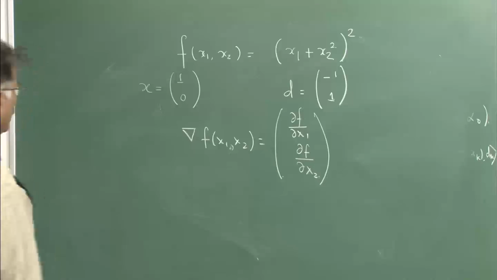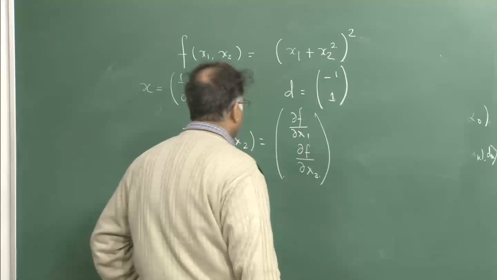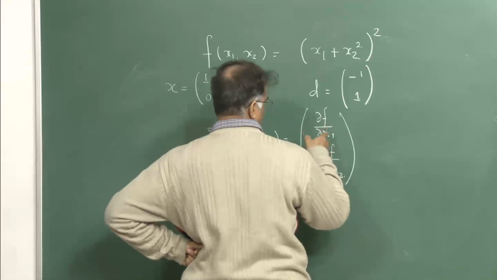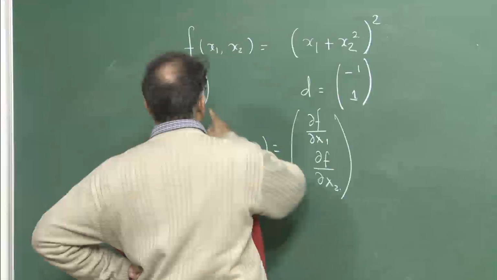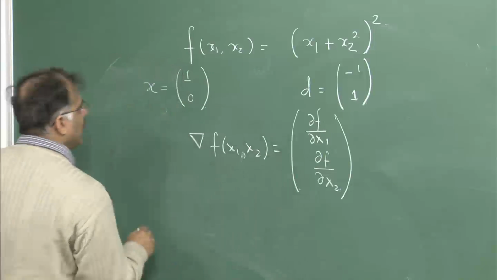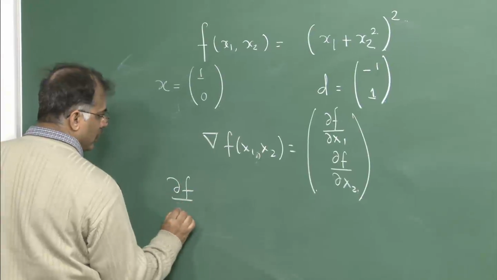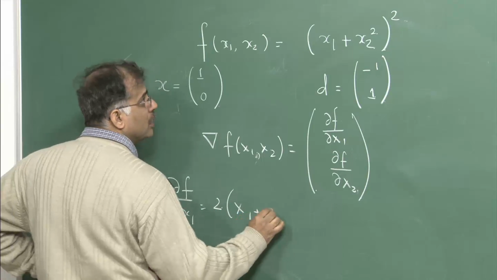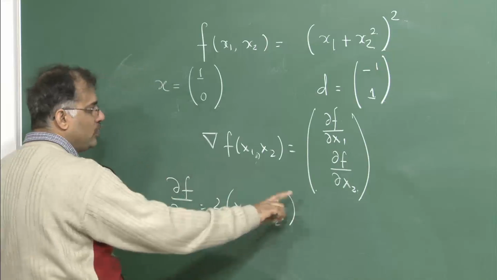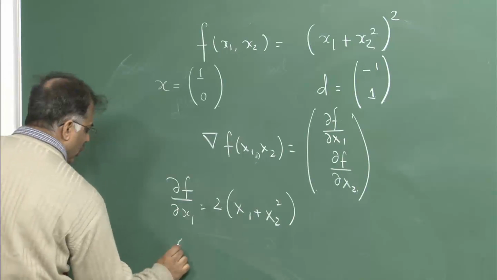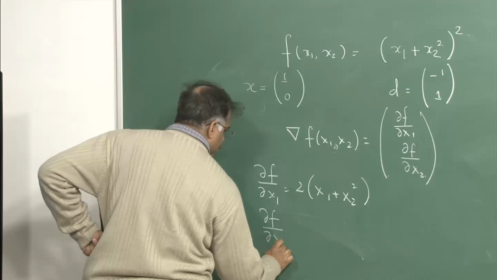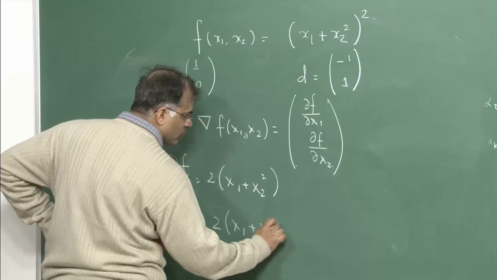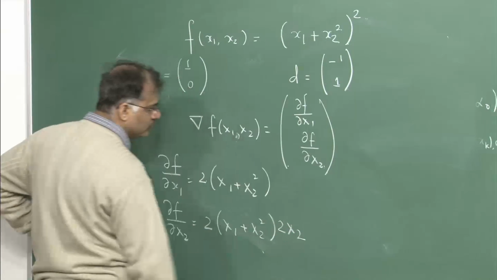I have to compute this value and this value at the point (1, 0). So, what is my del f del x1 here? Del f del x1 is 2 times (x1 plus x2 square), into 1. By chain rule, del f del x2 is 2 times (x1 plus x2 square) into 2 x2.